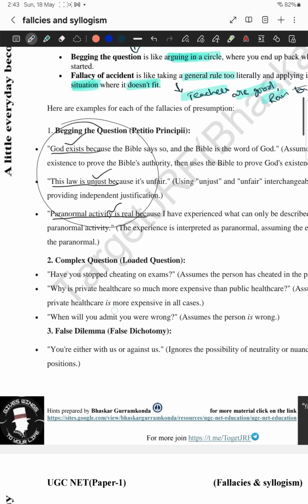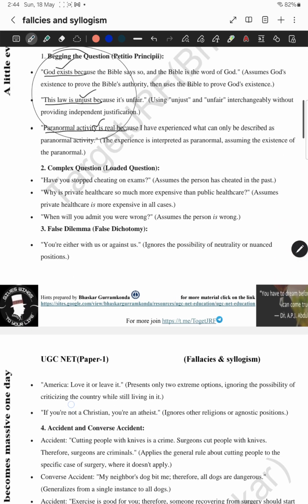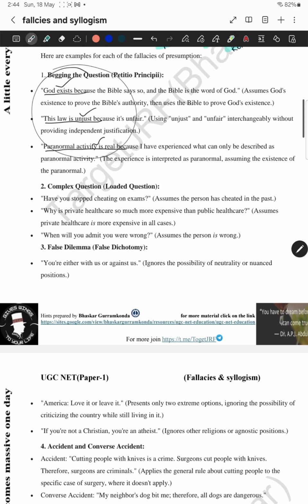Now let us see the complex question. The fallacy of complex questioning is also called a loaded question. Loaded means what is loaded here is an assumption which is not proven.